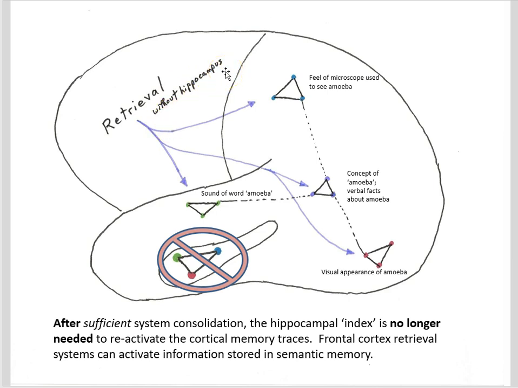And so we saw this with patients like HM that had access to semantic memories even though he didn't have his hippocampus. Now, of course, in intact people, we do have the hippocampus, but we don't necessarily need that index in the hippocampus to retrieve the information that was stored in the cortex.